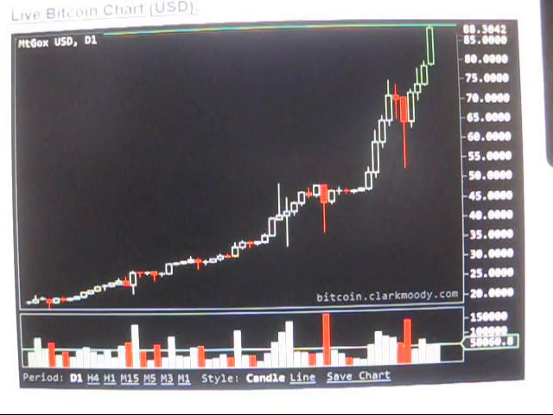A quick look at the Bitcoin chart. This is a daily chart. It was just about $90 a couple hours ago, 88 something now. I was noting that early in February last month the price was $18, so it's gone from 18 to 90 just in February and March.